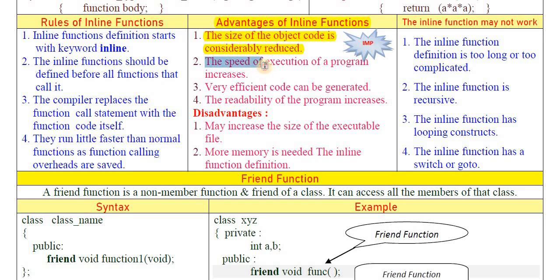Then the speed of execution of the program increases. So very efficient code can be generated. And the last one is the readability of the program will increase. So these are the 4 important advantages.